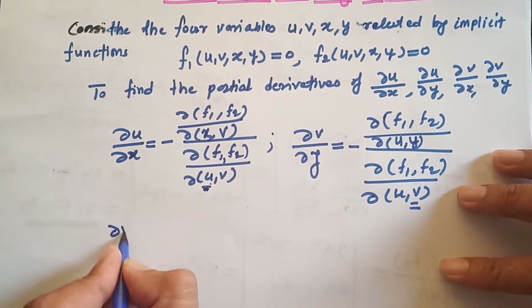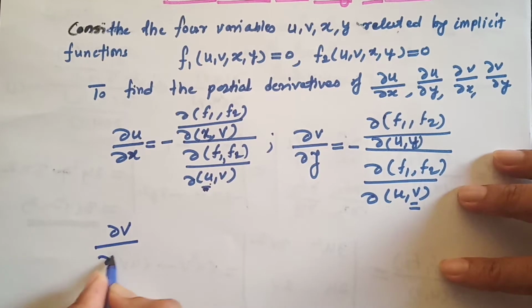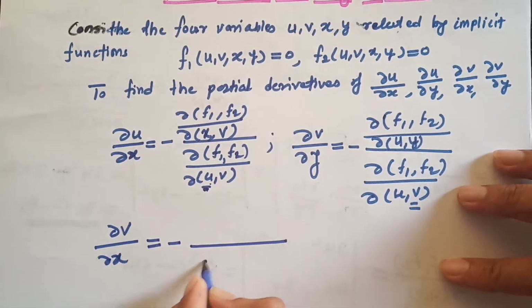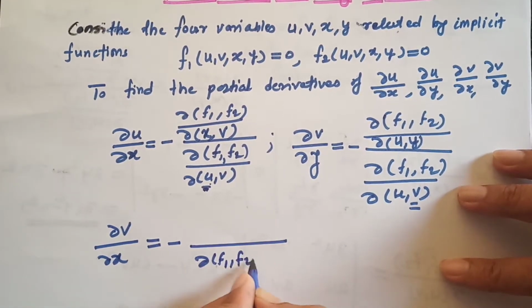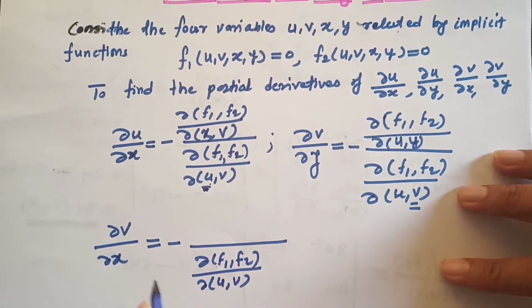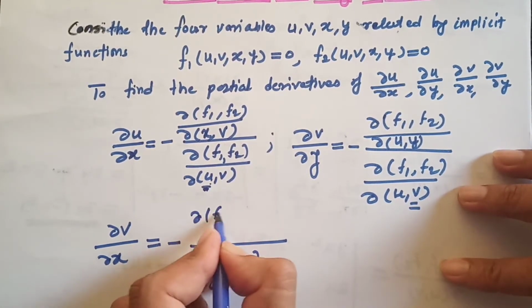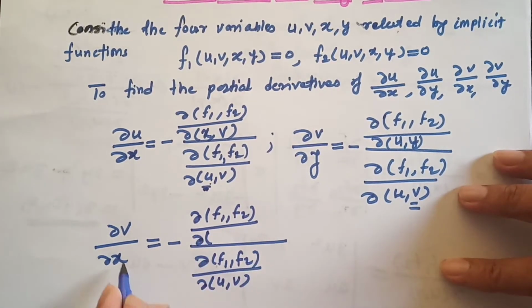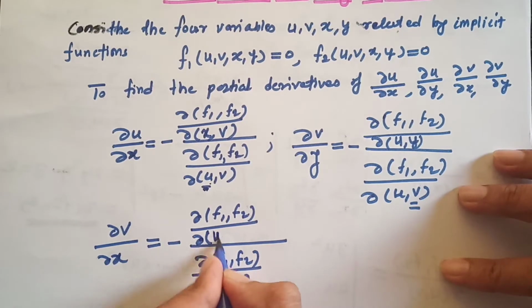Also, if you want to calculate partial derivative of v with respect to x, what is the formula? Just first write the denominator Jacobian of f1 f2 with respect to u v, and in the numerator Jacobian of f1 f2 with respect to u, x.